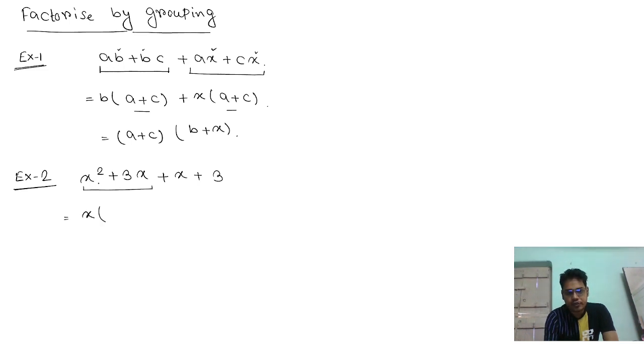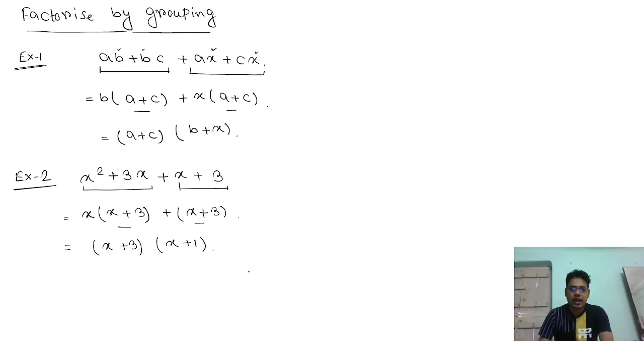So if you take x common, here x is left and 3 is left. And in the third and fourth term nothing is common, so we can write as usual x plus 3. Now you can see that x plus 3 is common here. So if you take x plus 3 common, the first term here x is left and the second term there is 1. So that is the answer of this.